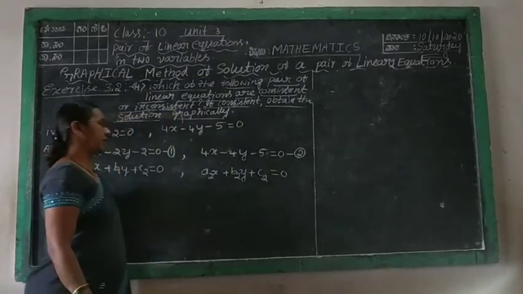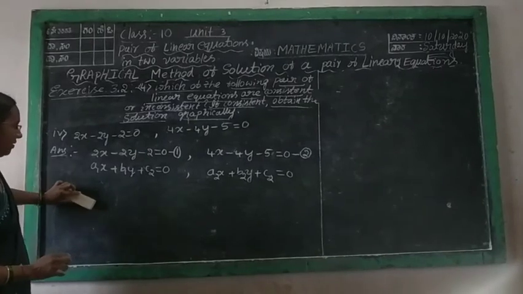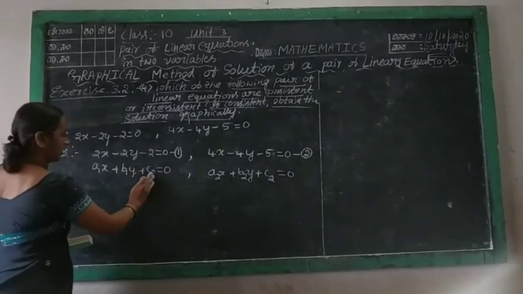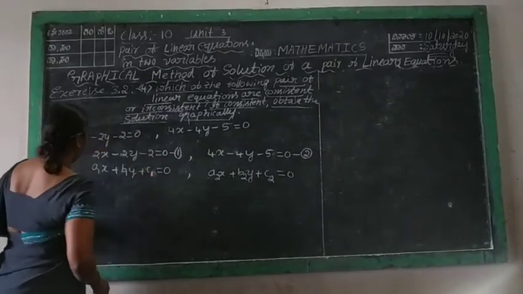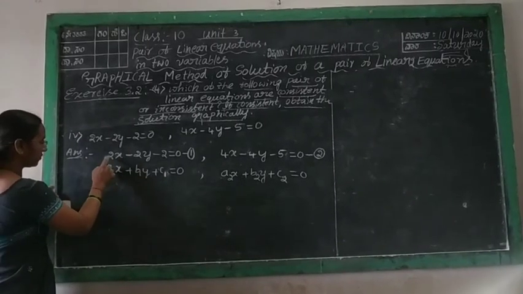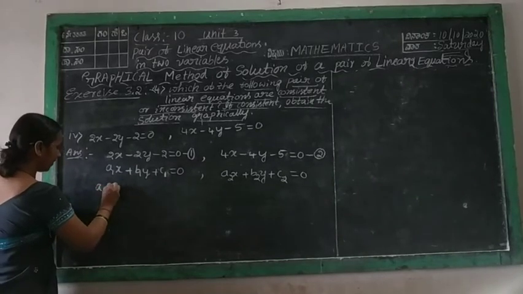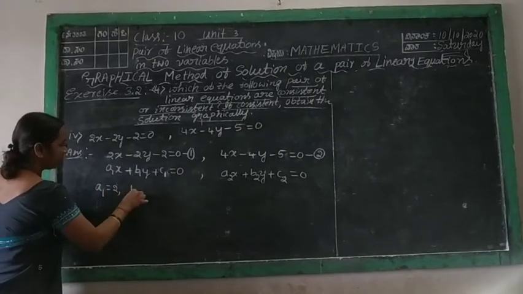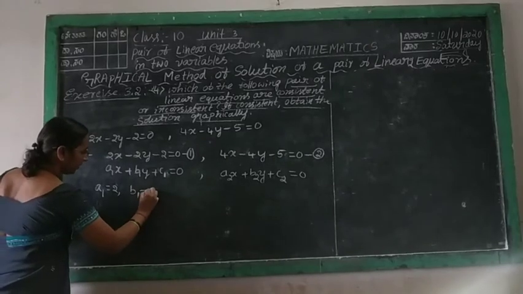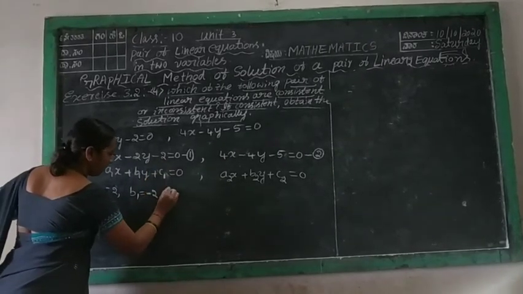We write the values of a1, b1, c1. For equation 1, a1 is 2, the coefficient of x. b1 is minus 2, and c1 is minus 2.